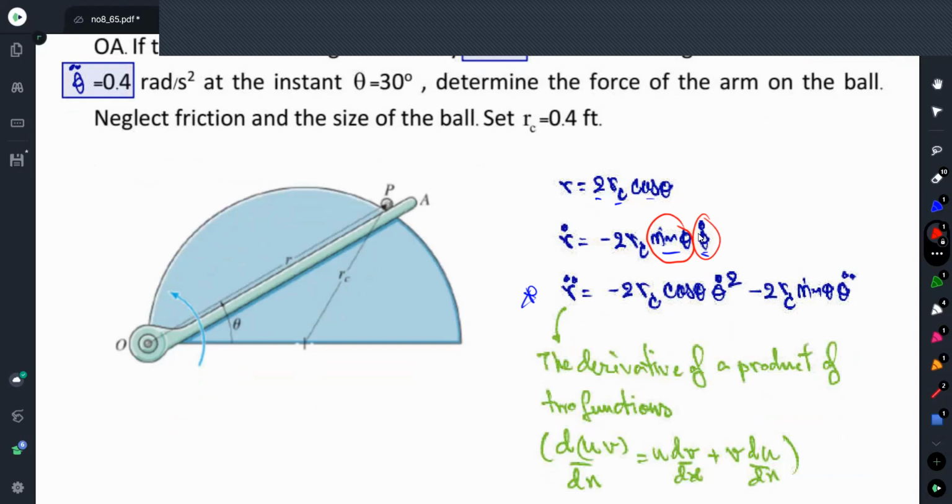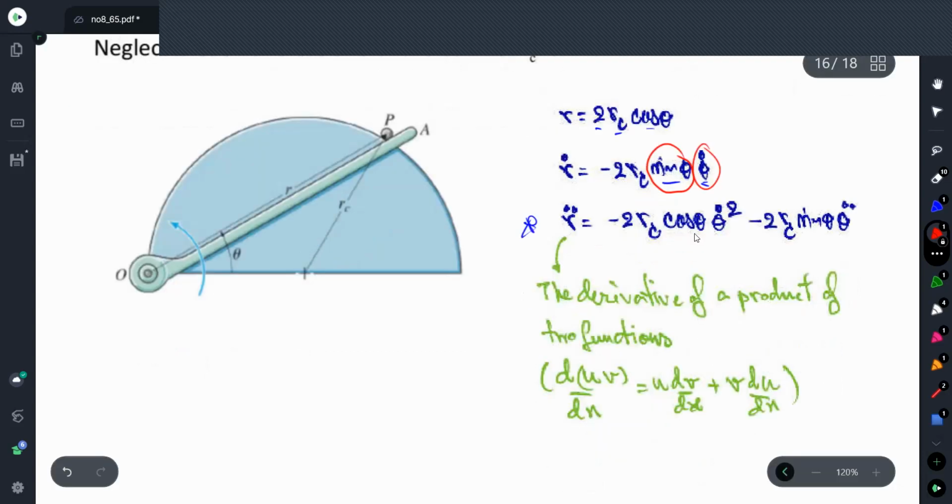So we have to apply the derivative of a product of two functions, d(uv)/dx equals u dv/dx plus v du/dx. For this case, we have this term. Normally my students have just one term, because they forget to take the product of two functions.